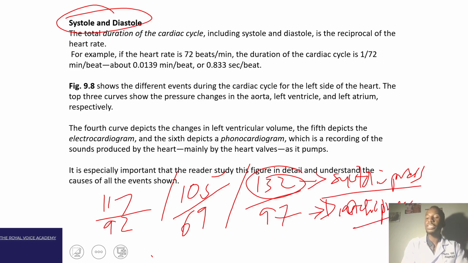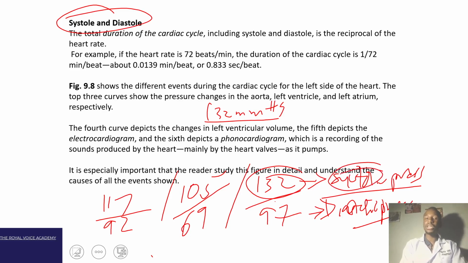Now, these two pressures are different because what we mean by 132 is your heart is generating a pressure of 132 mmHg in your ventricles to pump blood out of the heart. So your systolic pressure is the pressure that is caused when the heart is contracting.